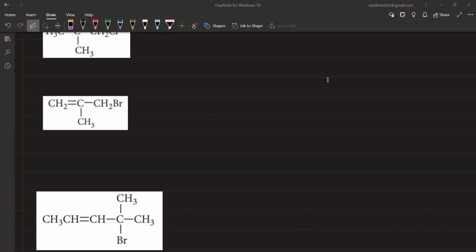ठीक है, तो longest chain में tie हुआ है ना, right? Which will give you more number of substituents? Tell me. See, if I go like this, that is why highlighters are very useful. If I go like this, then I am getting one substituent, right?